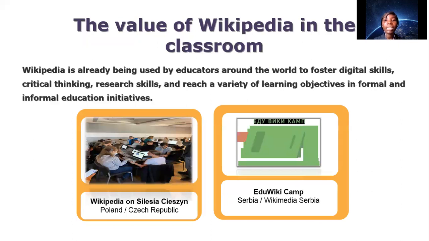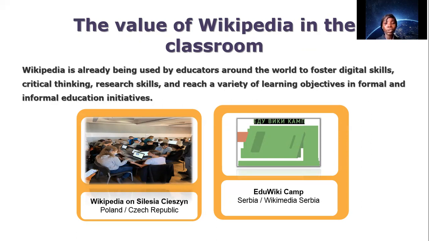The value of Wikipedia in the classroom. Wikipedia has been used by different educators around the world to foster digital skills, critical thinking, research skills, and reach a variety of learning objectives in formal and informal education initiatives. Some examples are stated below.